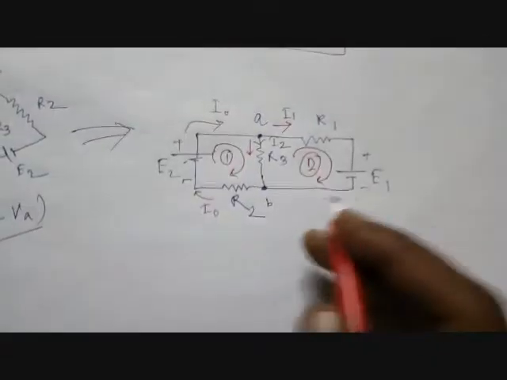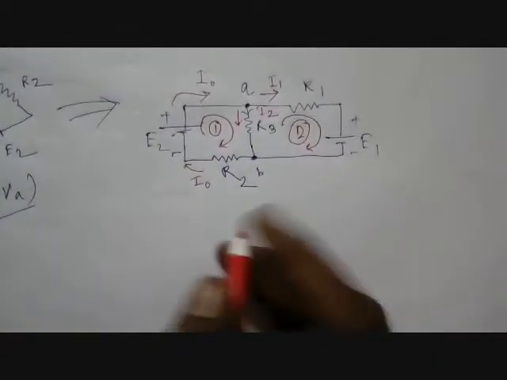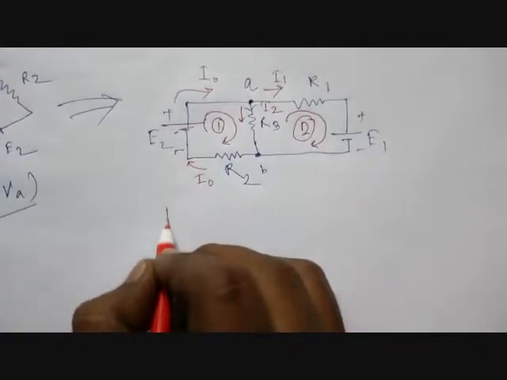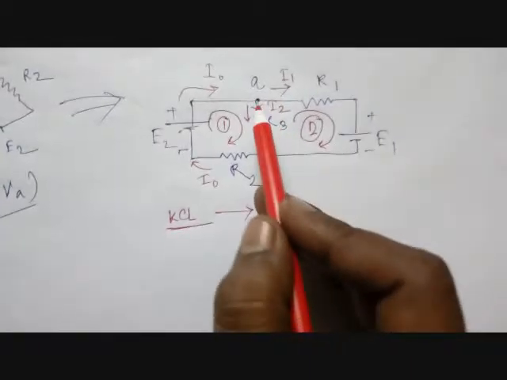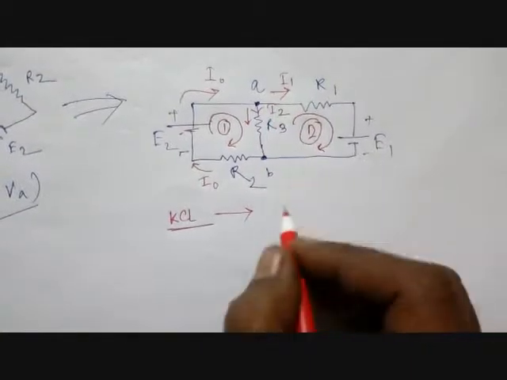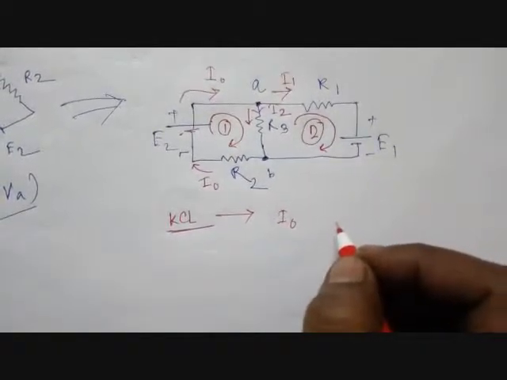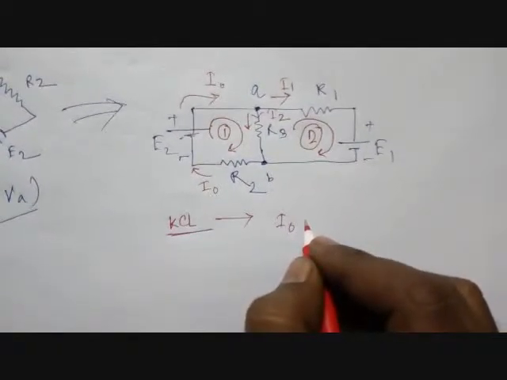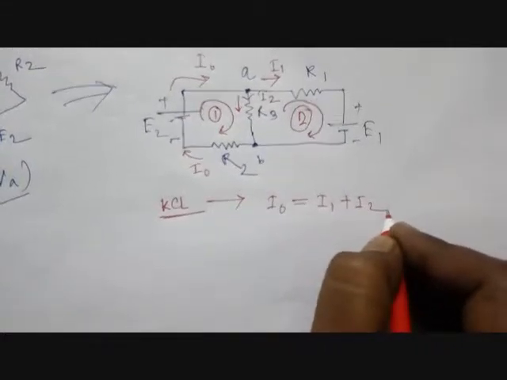So let's check out the first equation. It comes from Kirchhoff's current law, KCL. At that node, if you consider I0 entering and I1 and I2 leaving, then I0 equals I1 plus I2.